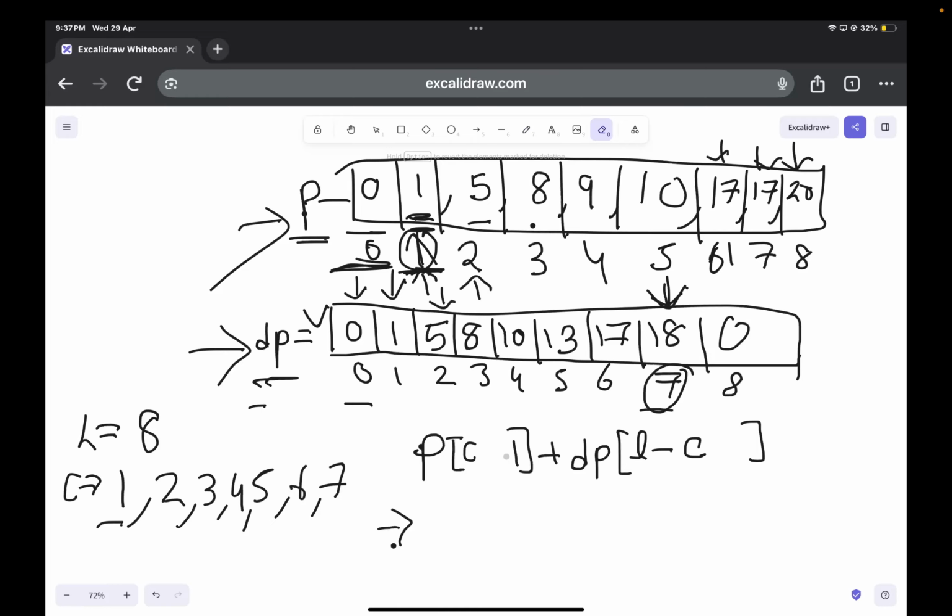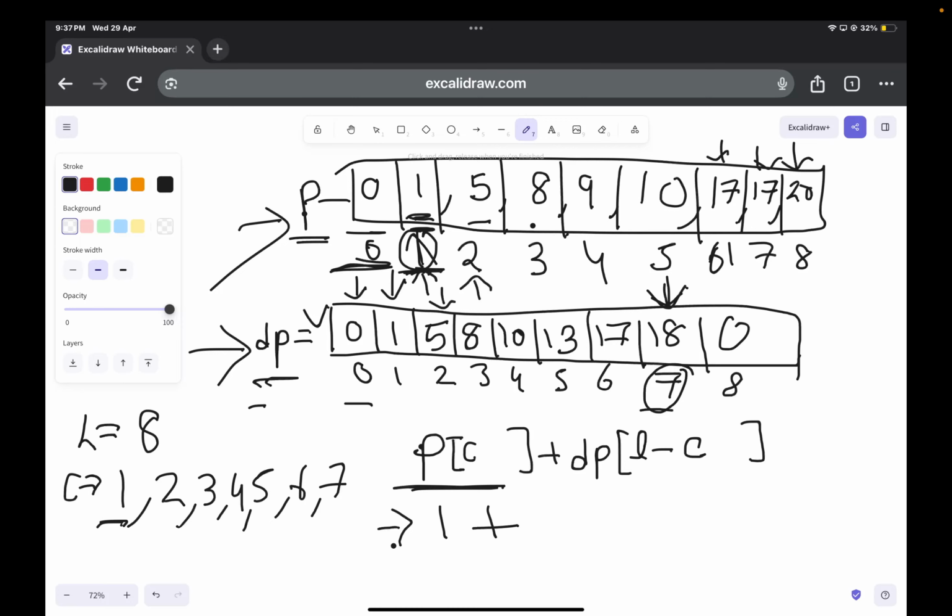Directly we can get the price. So what is price? Price of cutting 1 is 1. Now after cutting that 1, what is dp of 8 minus 1? 8 minus 1 is 7, right? So dp of 7, what is dp of 7? 18. Is it correct? Check that one.